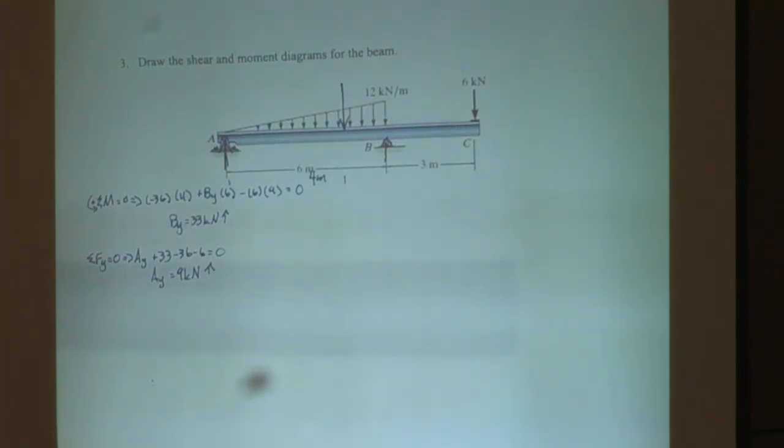No issues? All right. Now we can check it quickly to double check, but I'm not going to do that. All right, so where are we going to make our first cut? Distributed load.